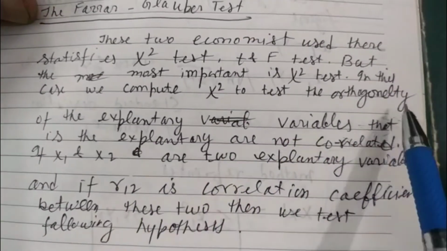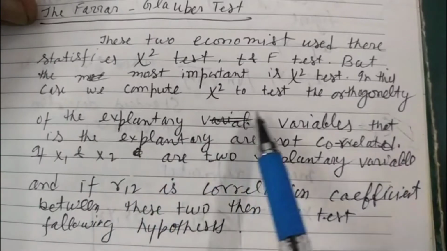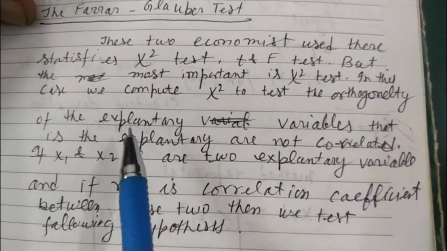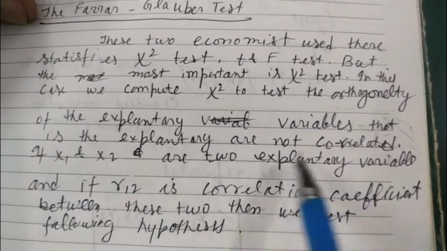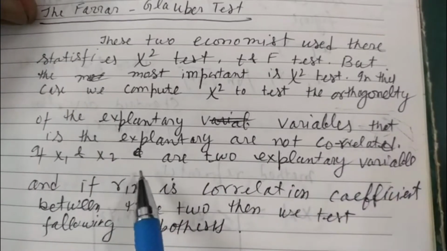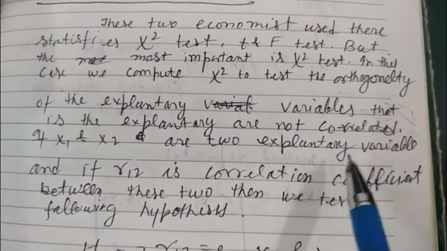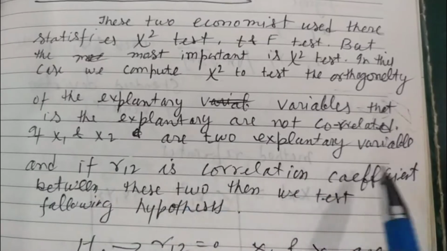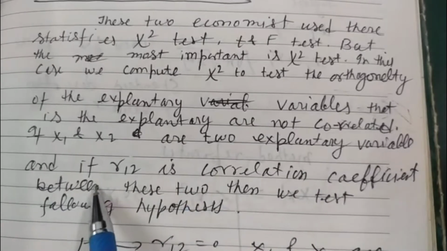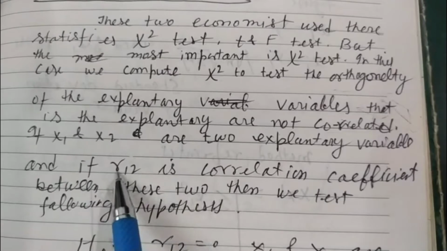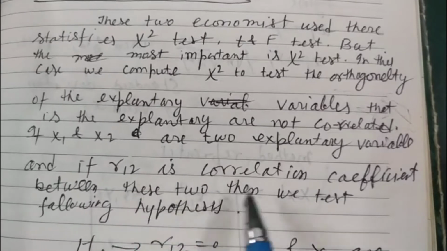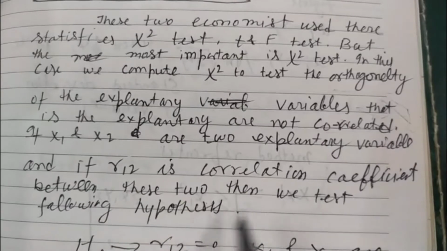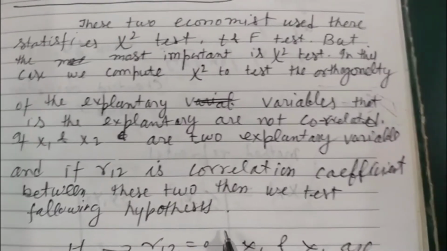In this case, we compute chi-square to test orthogonality of the explanatory variables, that is, not correlated. If x1 and x2 are two explanatory variables and R12 is the correlation coefficient between x1 and x2, we test the following hypothesis.